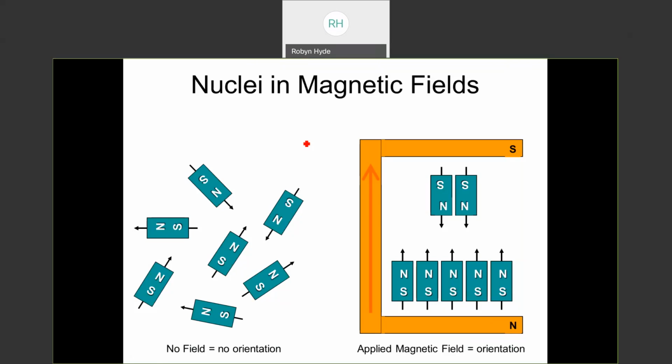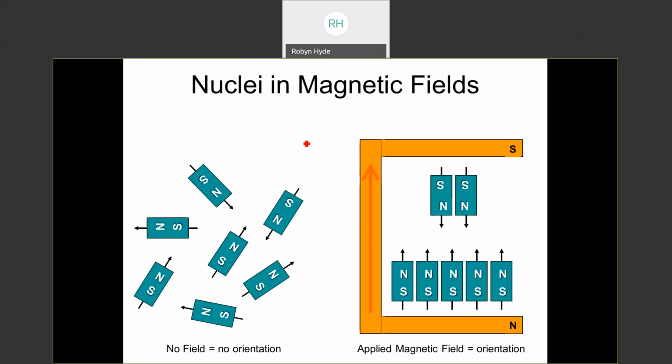Okay, but when we take our molecules, our chemicals, and put them inside a magnet, we say now these atoms are under an applied magnetic field, then the atoms orient themselves to the field. I'm sure several of you have played with bar magnets before, and so if I have two magnets and I bring them towards one another, they often snap together.